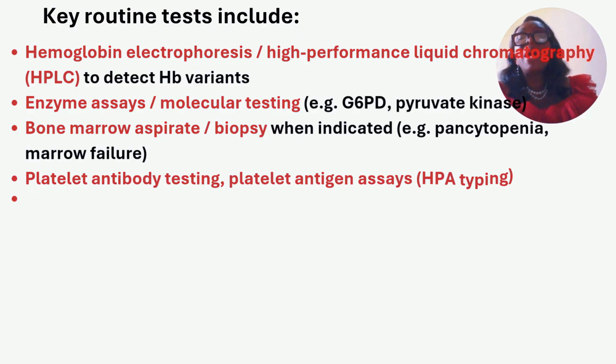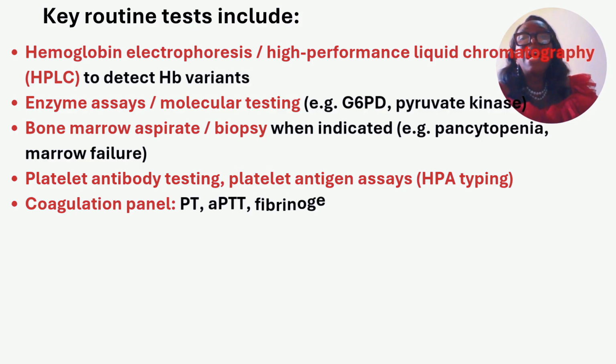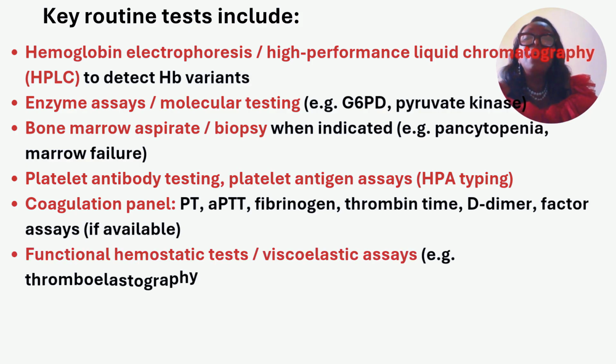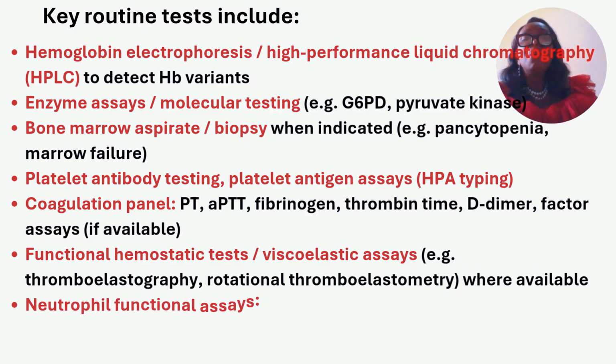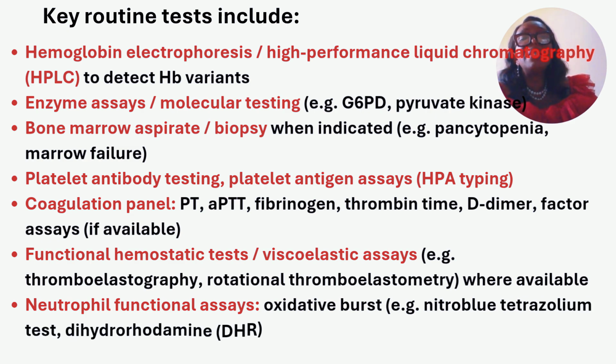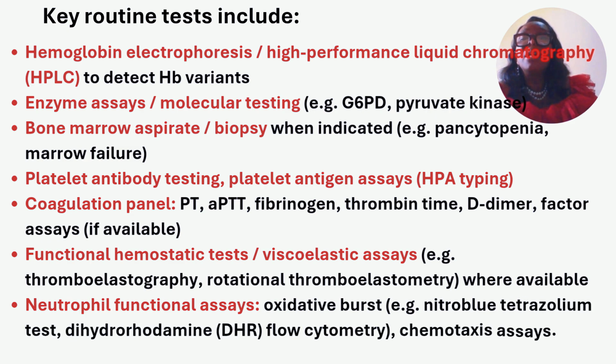Then bone marrow aspirate or biopsy can be indicated in pancytopenia or bone marrow failure. Then platelet antibody testing and platelet antigen assay, involved in human platelet antigen typing, help to identify thrombocytopenias or immune thrombocytopenias. Coagulation panel like PT, APTT, fibrinogen, thrombin time, D-dimer, and factor assay if available and needed.